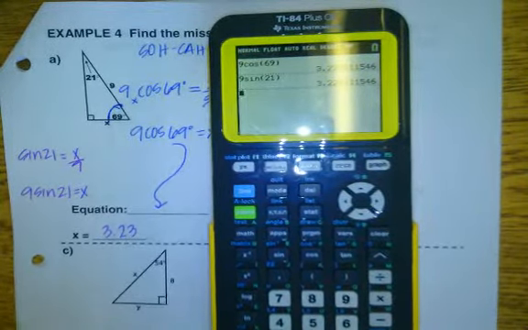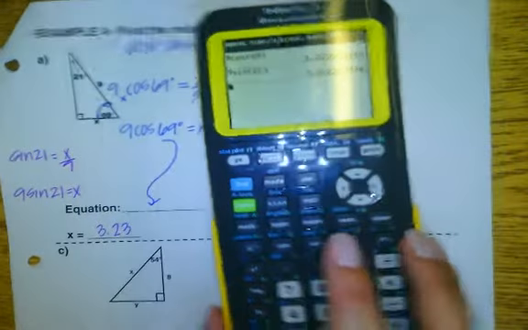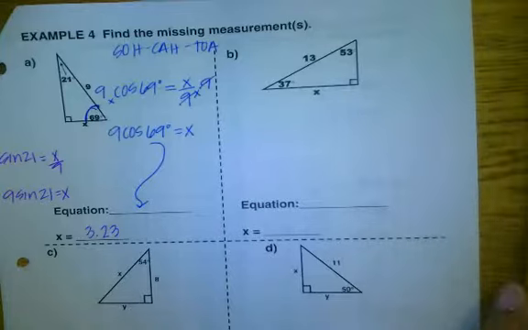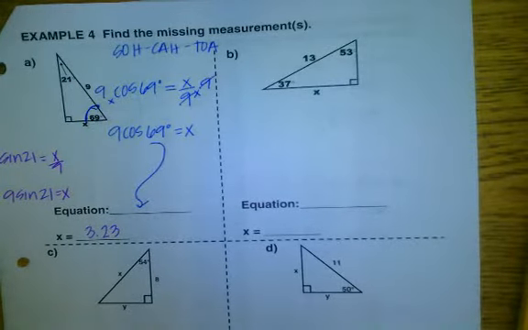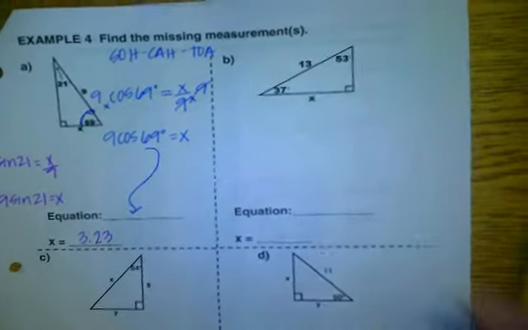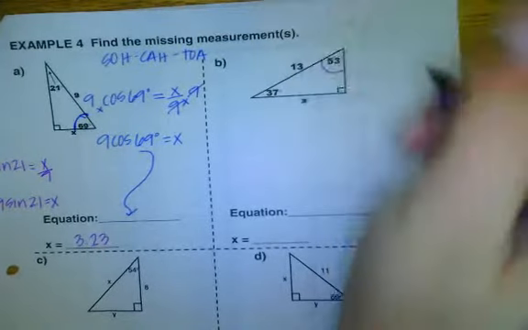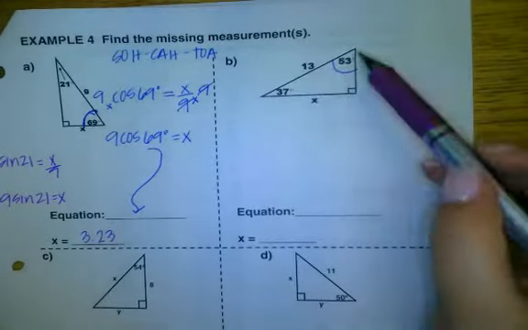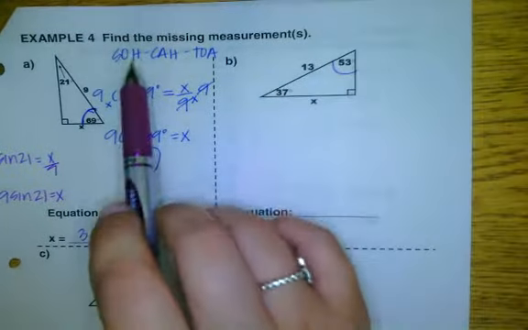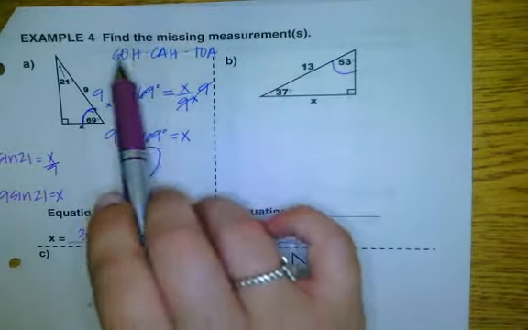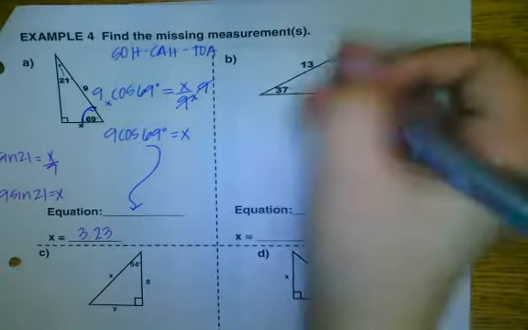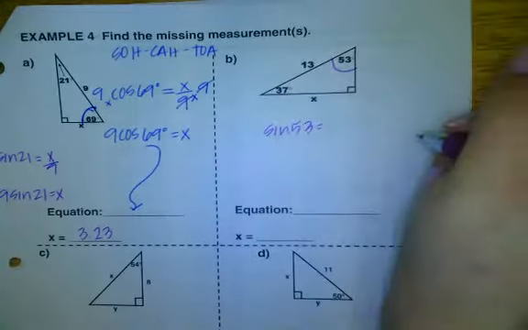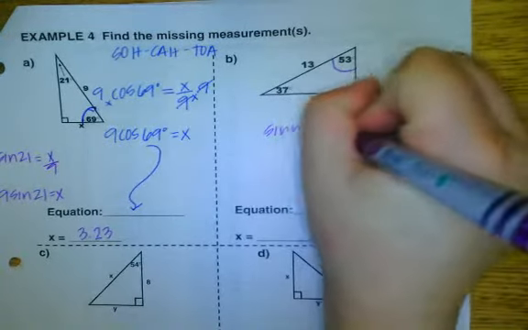Alright, let's look at letter B. Which angle do you guys want to work with? 53. Okay. If we're working with 53, which trigonometric ratio are we going to use? Sine. Sine of 53 equals what? X over 13, because we're opposite over hypotenuse.